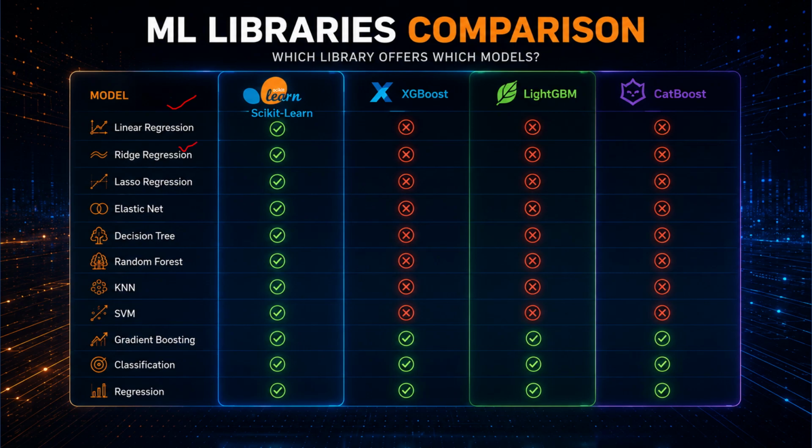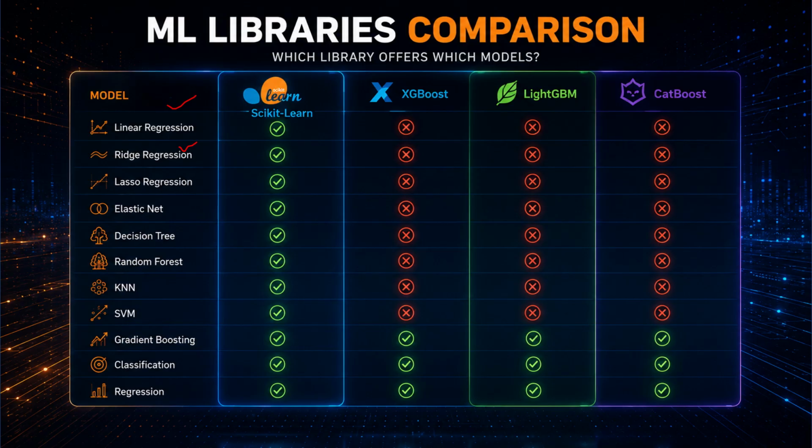This basically adds L2 regularization to reduce the impact of large coefficients and improve model stability, while lasso regression adds L1 regularization, which can automatically remove less important features by setting their coefficients to zero.